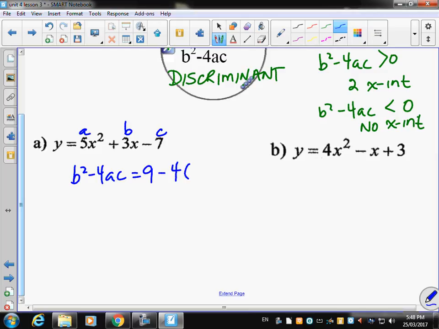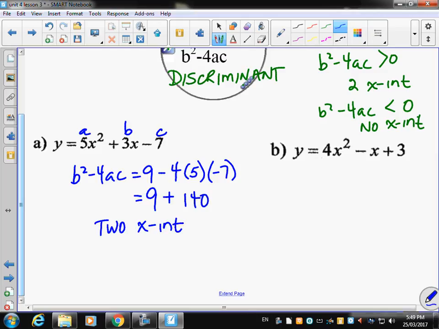Subtract 4 times a value, 5, times c. My c value is negative 7. So b squared minus 4ac equals 9 subtract 4 times 5 times negative 7. So I have a negative and a negative, so I have a positive. 4 times 5 is 20. 20 times 7 is 140. 149 is definitely positive. I definitely have two x-intercepts.